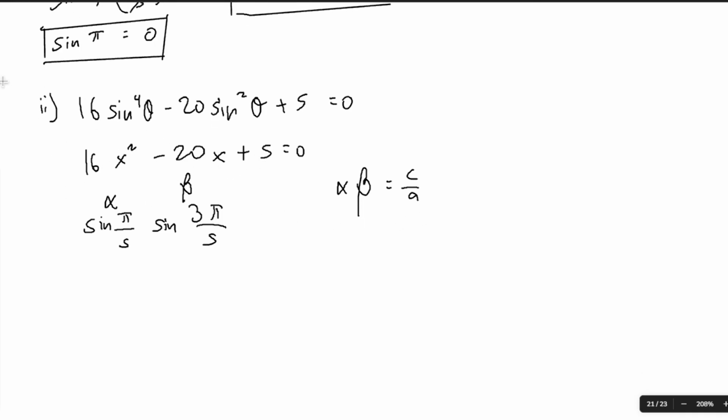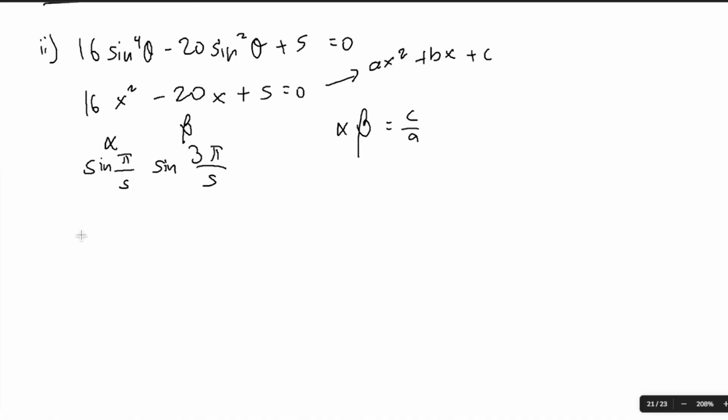So this is our c, and this is our a, because this is in the form of ax squared plus bx plus c. So sine squared pi over 5 times sine squared 3 pi over 5 is equal to 5 over 16.